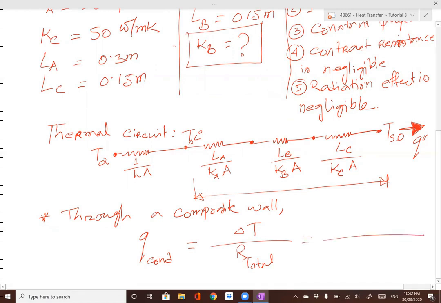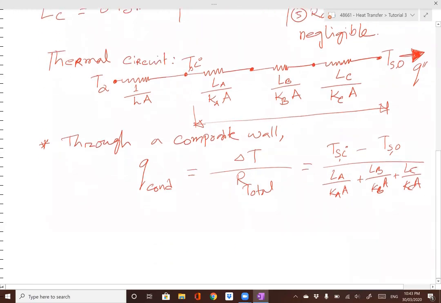So the temperature difference is the oven inside surface temperature minus the oven outside surface temperature, divided by the total resistance: thermal resistance for material A, for material B, and for material C. Now the heat flux will be the heat transfer per unit area, so Q through the wall divided by area.